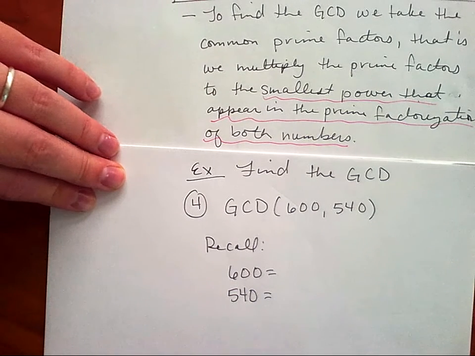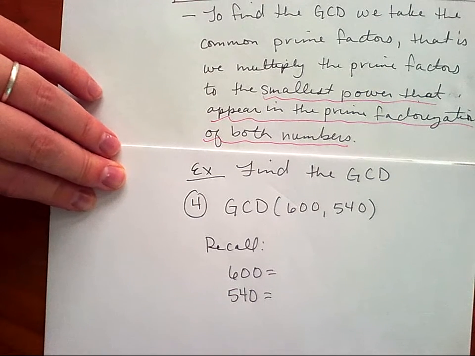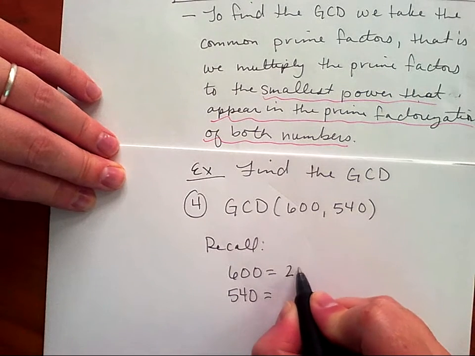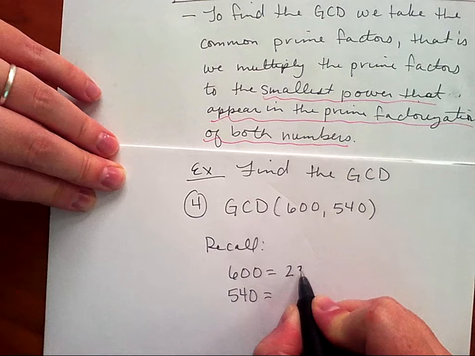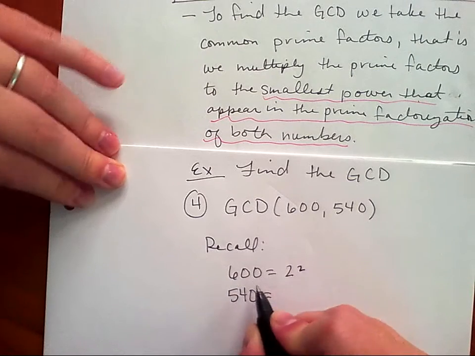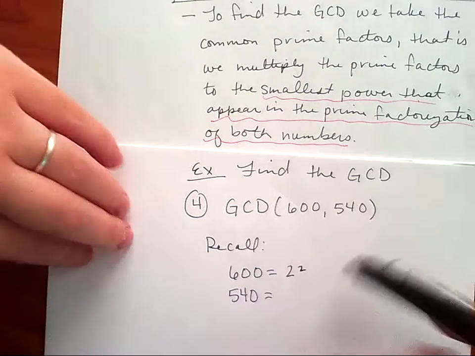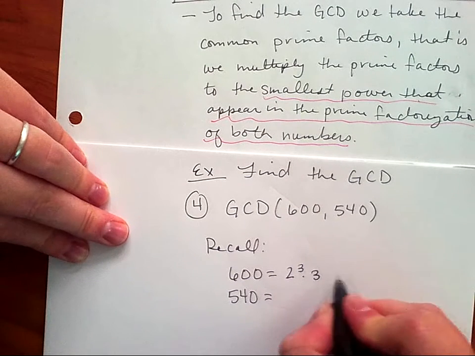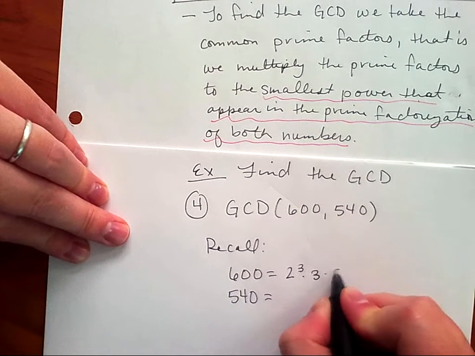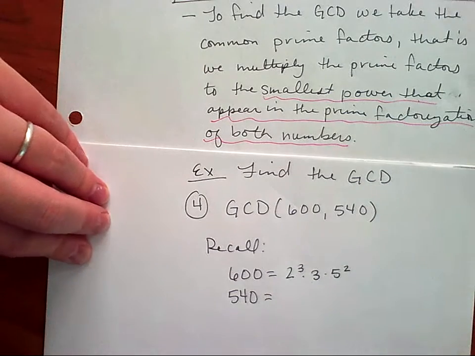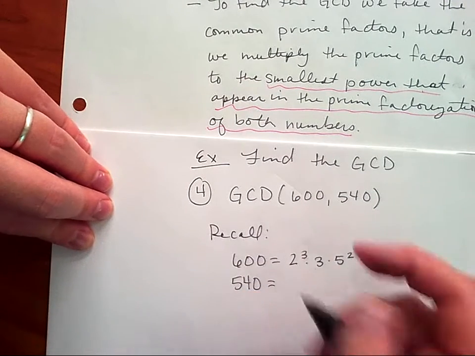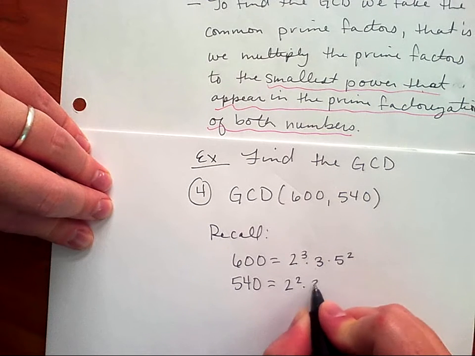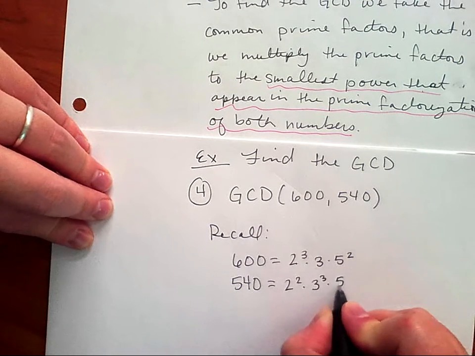So we wrote 2 to a power times 3 to a power times 5 to a power. 2 to the third times 3 to the first power times 5 to the second. What about 540? I'm sorry. Thank you, Ryan.